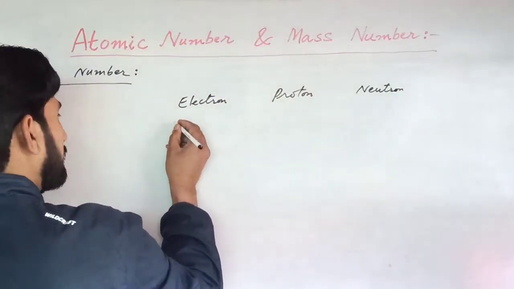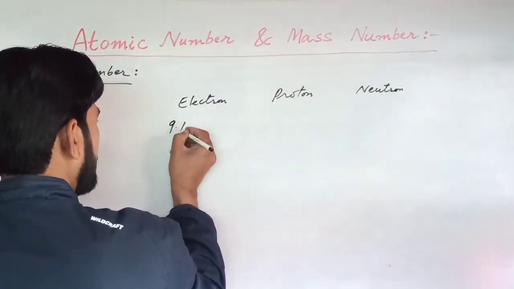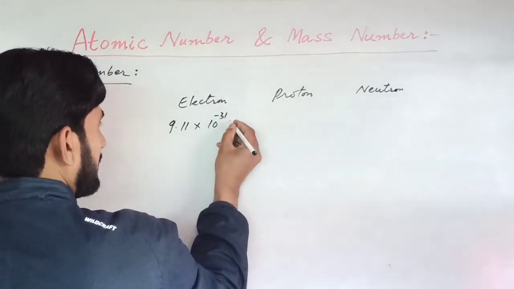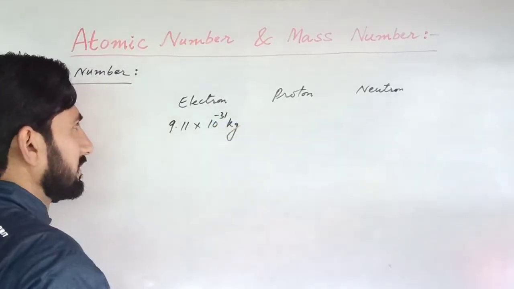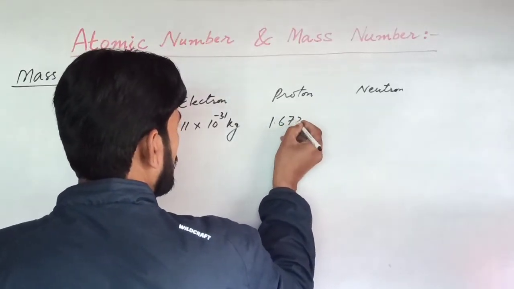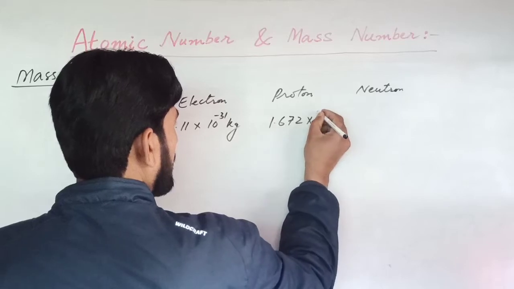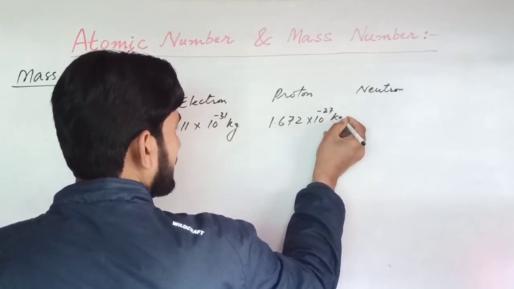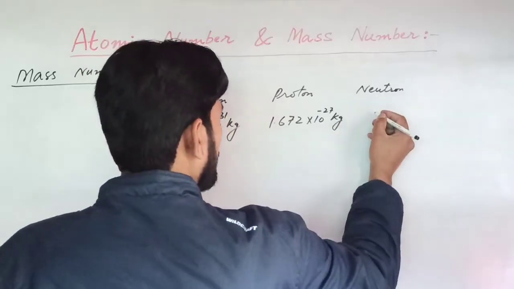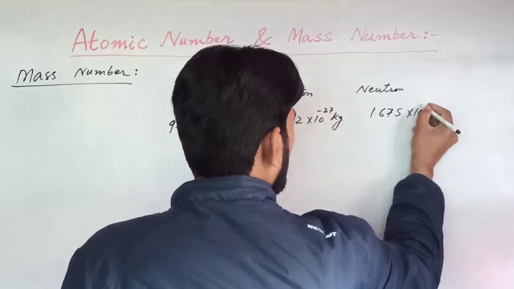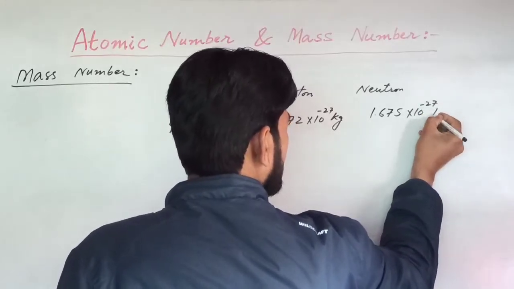Mass of electron is 9.11 × 10^-31 kg. Mass of proton is 1.672 × 10^-27 kg. Whereas mass of neutron is 1.675 × 10^-27 kg.